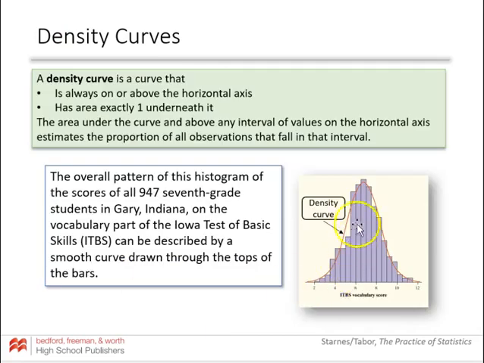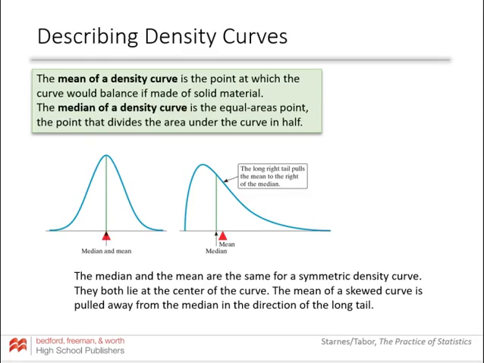Okay, this would be another example of a density curve. This would be like a normal curve, so we could roughly approximate this histogram as that kind of curve. We can also have curves that are skewed, like this one. Things you need to be able to find would be the mean and median of a density curve. The mean is like the balance point. So if we think about where the balance of the curve would be, like if it was made out of solid material and I was going to try and balance it on a seesaw or something.